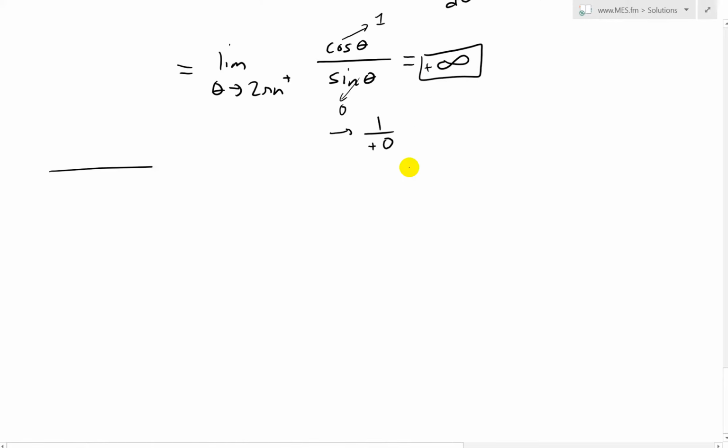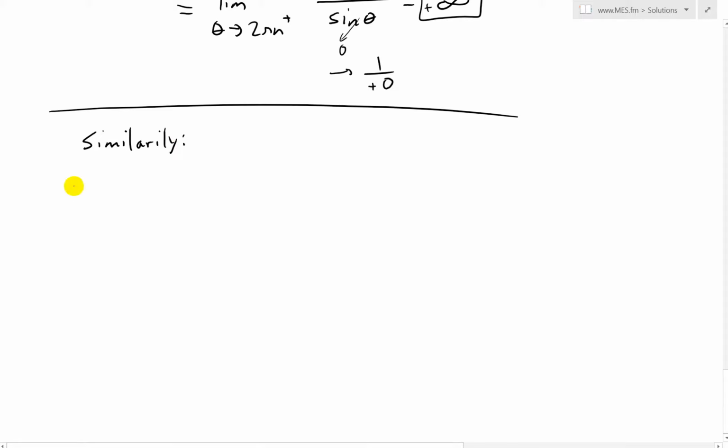And also similarly, what we get is if we were going from the left side, similarly, limit as theta approaches 2n pi from the left side, put the negative sign, meaning the left side, of sine theta over 1 minus cosine theta.